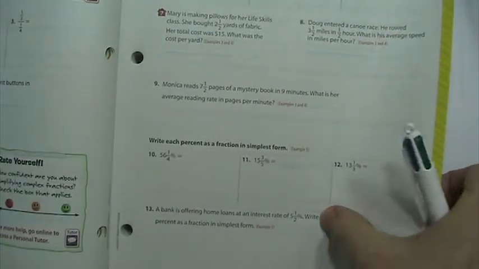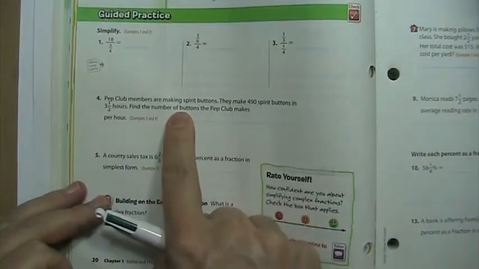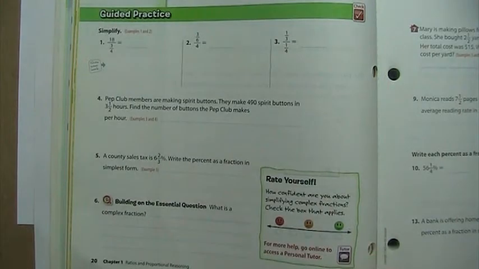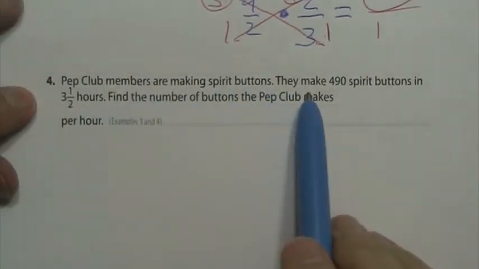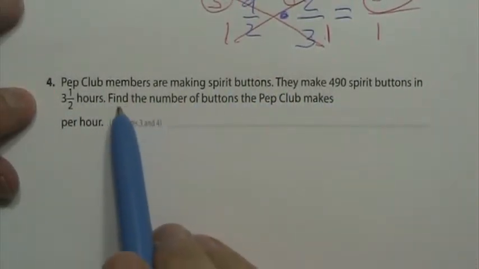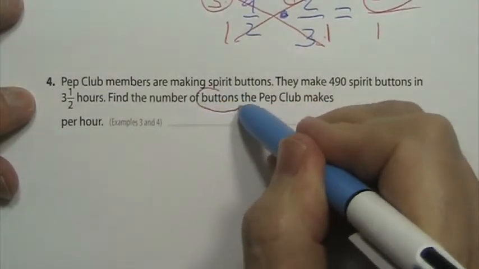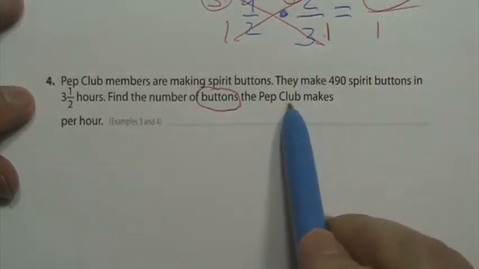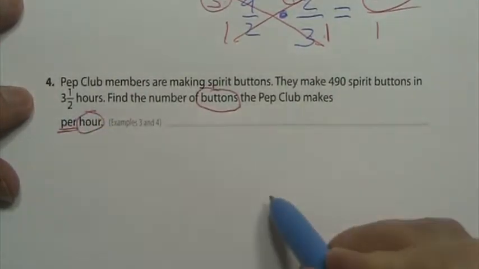And let's go to number 4. Right here, number 4. You can just write right in there if you like. All right, so number 4. I'm going to skip on ahead and see what it's asking for. It says, find the number of buttons the Peps Club makes per hour. Per hour.